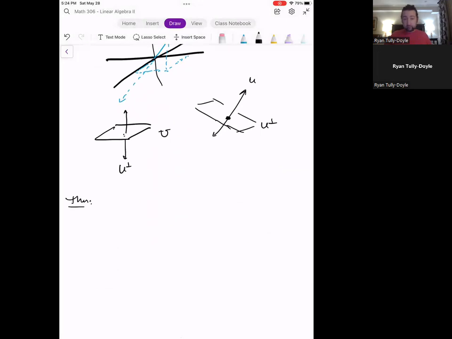So this is a theorem. Axler calls this 6.46. Some just real easy properties to show. A: If U is a subset of V, U perp is a subspace.